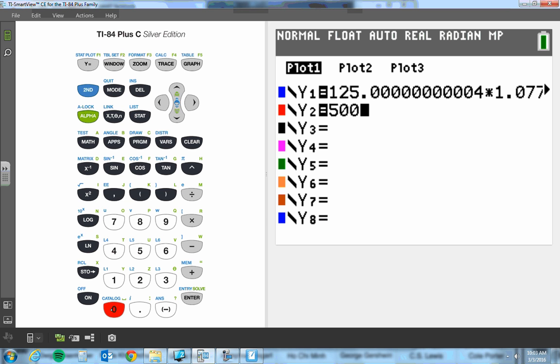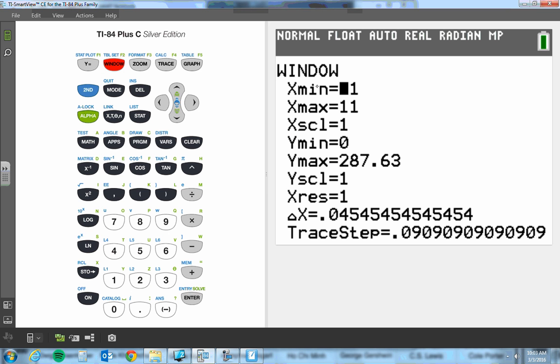And go to your window. And first of all, after 10 years, it's only at 260. So, pretend we don't know the answer. I'm saying you figure, okay, it's going to have to be more than 10. We'll try 20, 25, something like that. Come down here, your Y max needs to be at least 500, right?